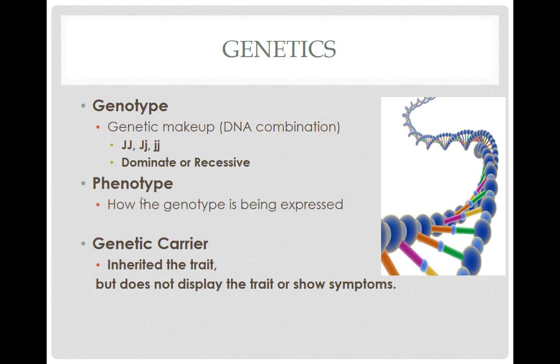So that can be passed down. You could be a carrier of it, but it may not be expressed. So say you're completely brown-eyed with brown hair, but you still have a little bit of that inherited blue-eyed trait in there. You're a carrier, but it may not be showing, if you will.